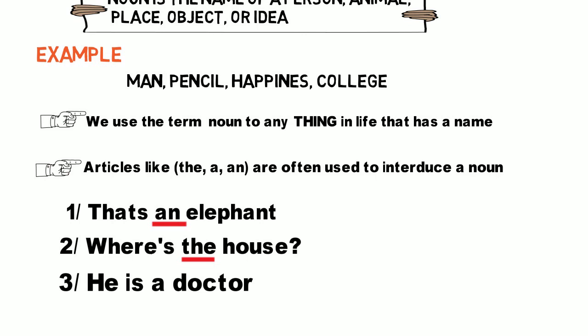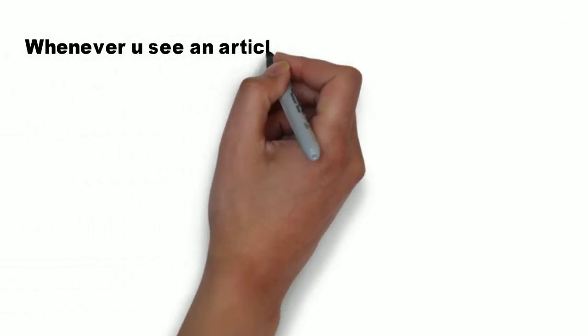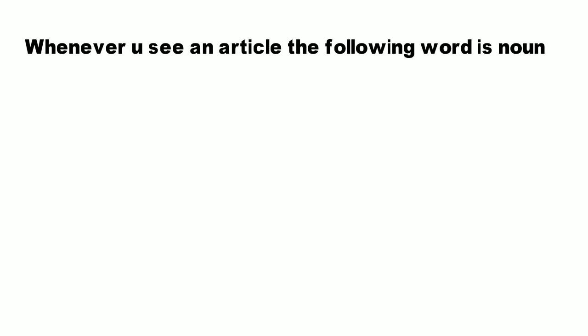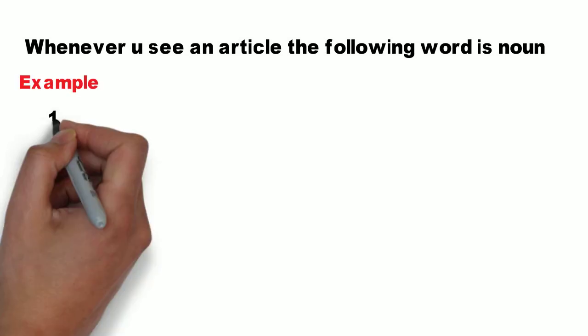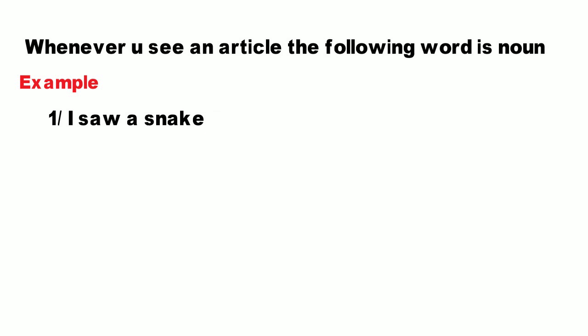In the last example, a is an article, and doctor is a word to describe a job, so doctor is also a noun. The general rule is whenever you see an article, the following word is a noun. Yes, that's correct, but that's not always the case. We will explain more.